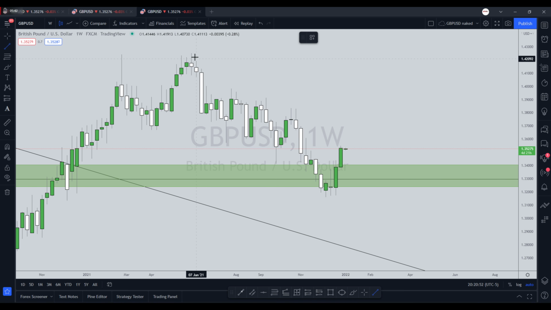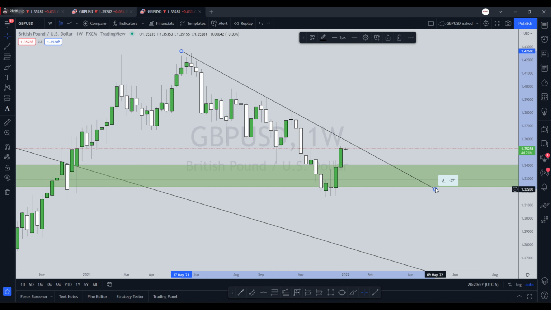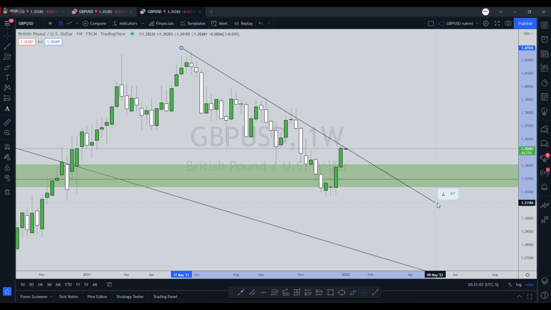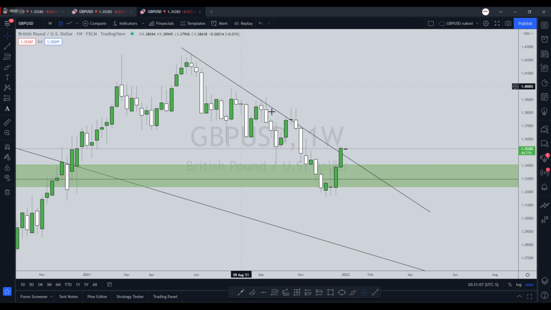But we always still gotta show our trend lines, because weekly right here is still on the downtrend, weeks to weeks. It's not fully broken that trend line yet, but on a weekly, we're not too worried about that right now.